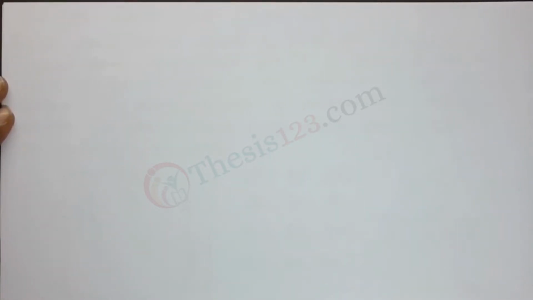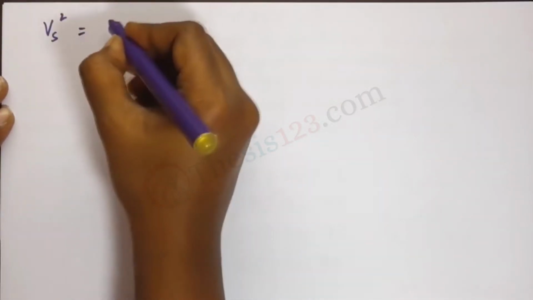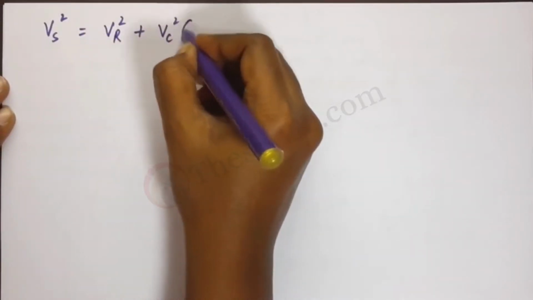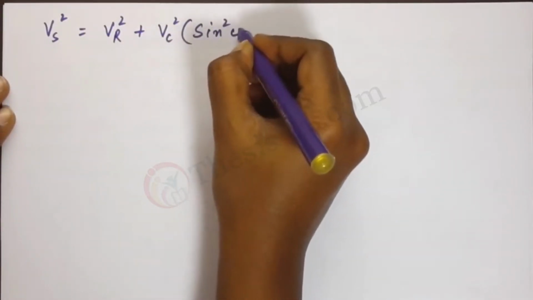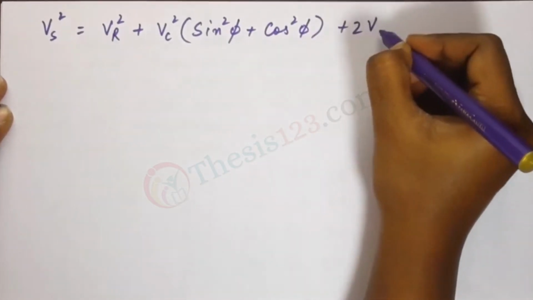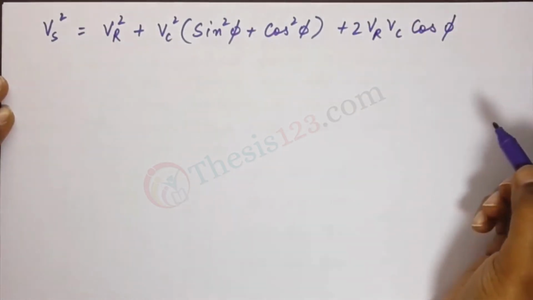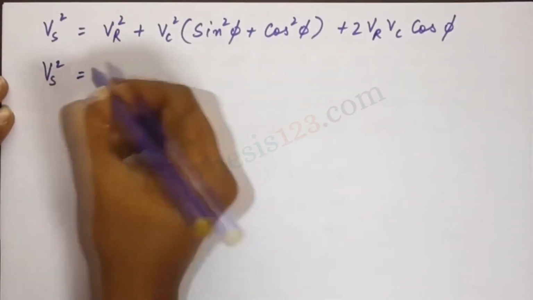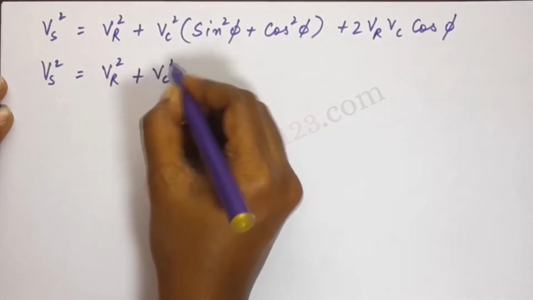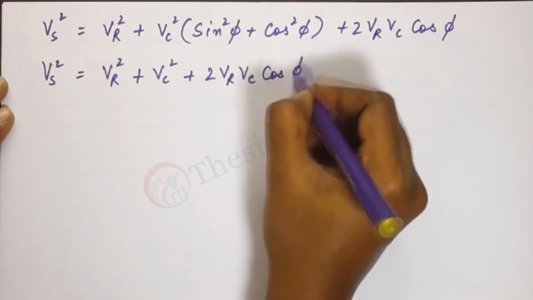Utilizing that, we get Vs square is equal to VR square plus VC square into sin square phi plus cos square phi plus 2 VR VC cos phi. So this is our expression. We used the relation earlier to turn this into 1. So we get VR square plus VC square plus 2 VR VC cos phi.